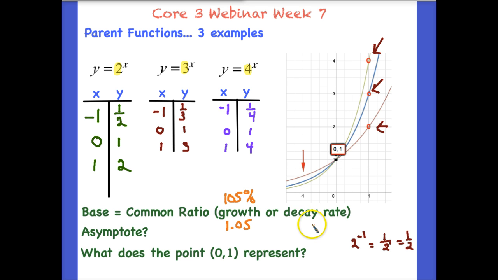If something is going to decay, like carbon in science, it decays at a certain rate. If it decays at 20% per however long, then my decay rate is 20% or 0.2. Okay? And so all these are considered our growth or decay rate, or in other words, our common ratio.